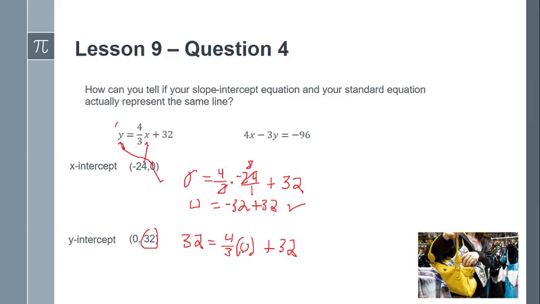Well, 0 times anything is 0, so this whole term cancels out. And now we're just left with the statement that 32 equals 32. That is a true statement, which verifies that that point is on that line. So there we just verified that these two equations are in fact the same line.